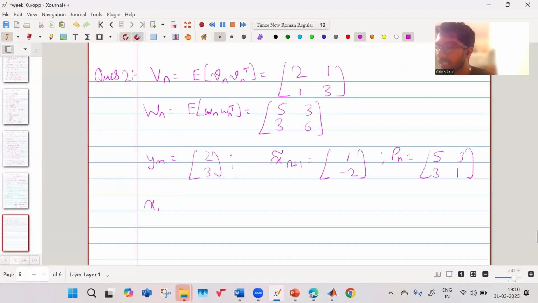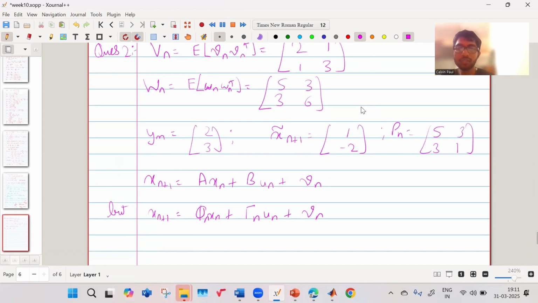But in the discrete-time Kalman filter, the formulation of those equations considered xn plus 1 equal to phi n xn plus gamma n un plus vn. So our phi n is actually A, and gamma n is actually B. And it is equal to phi and gamma because it is a linear time invariant system.